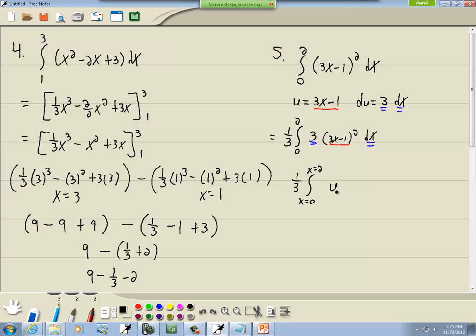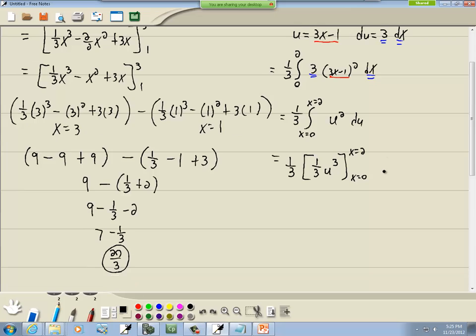And this becomes u squared du. Now we'll add 1 to our power, divide by our new power, so that becomes 1/3 u to the third, x equals 0, x equals 2. Now some people will switch those to u's instead of x's. And you can do that if you want. There's nothing wrong with it.